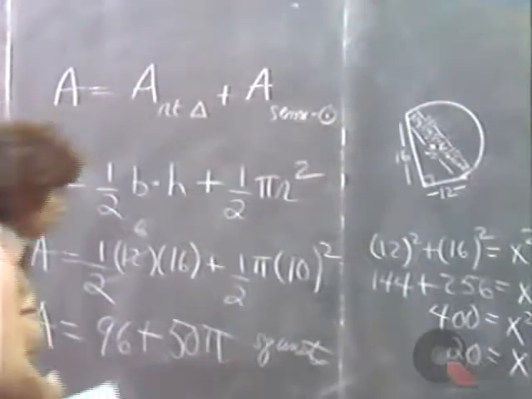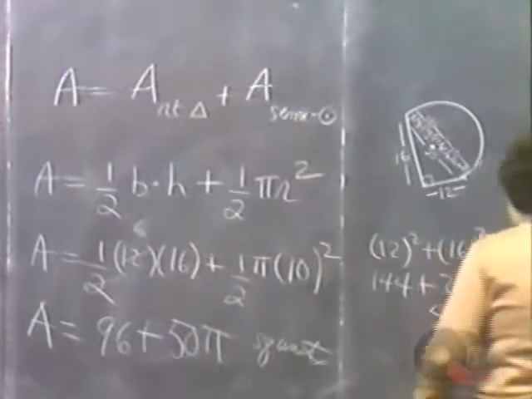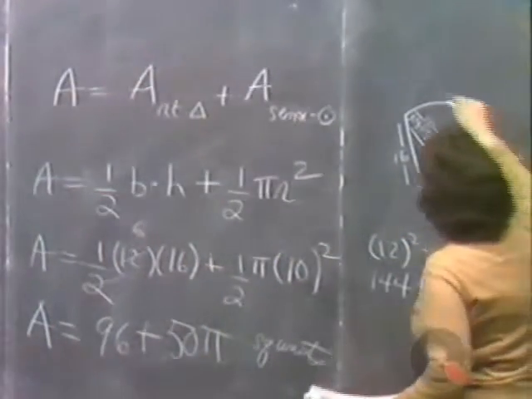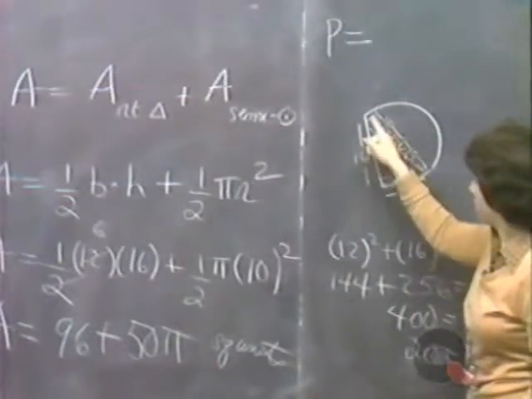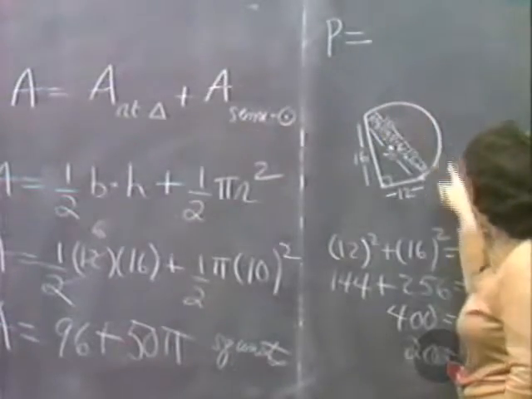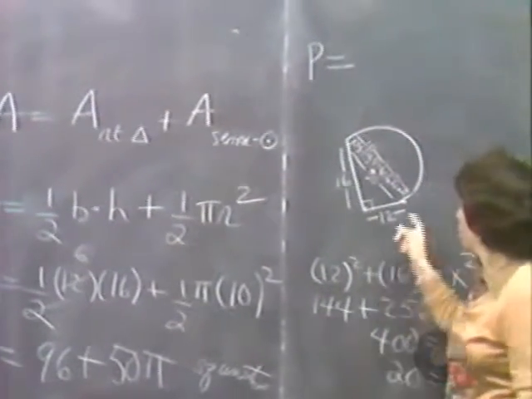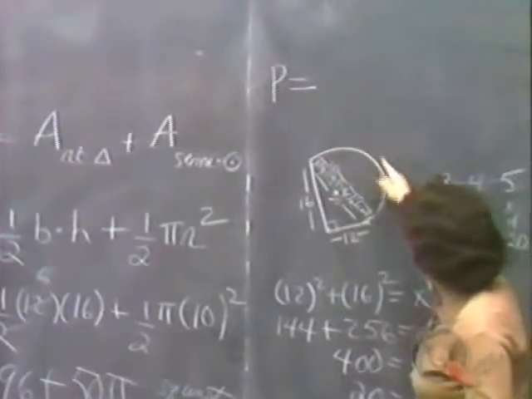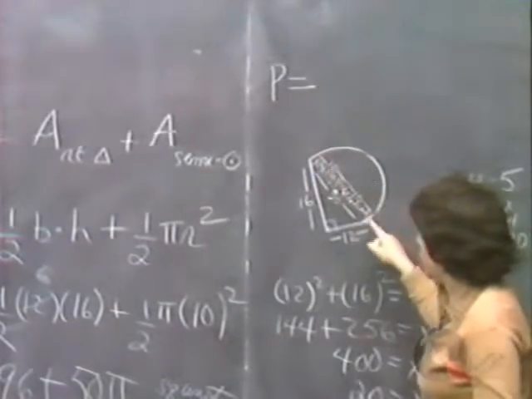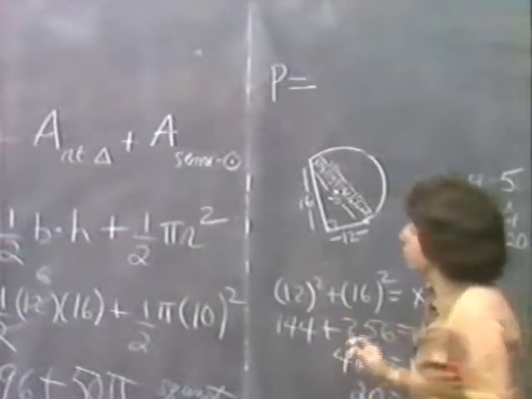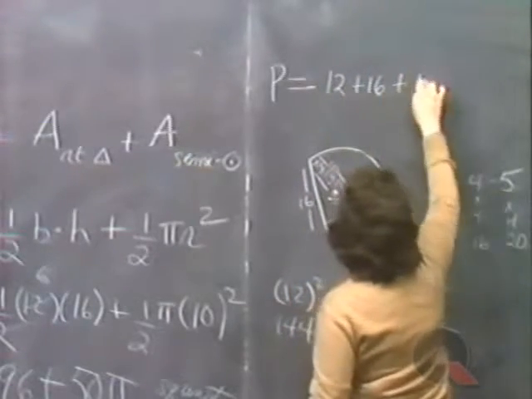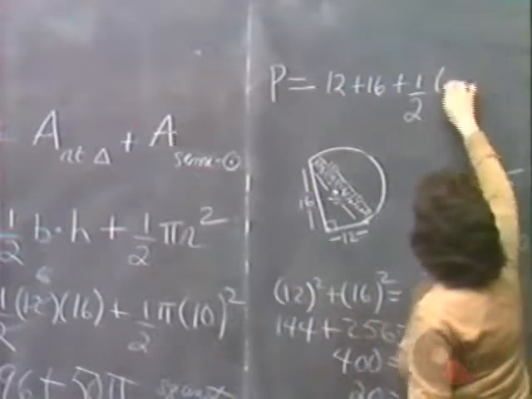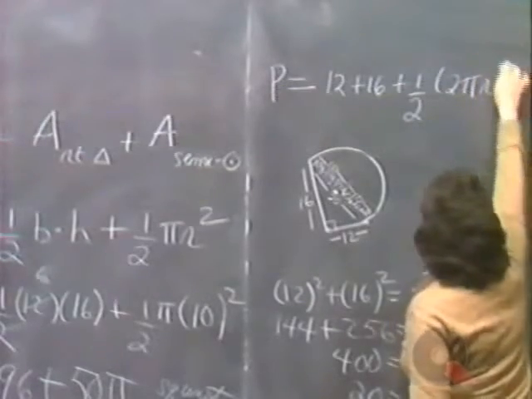Now the perimeter. The perimeter, the distance around, it's going to be 12 plus 16 plus half the circumference of the circle. 12 plus 16 plus this portion of the circumference, and since this is half of a circle, we want half the total circumference of the circle. We have 12 plus 16 plus 1/2 of 2 pi r.